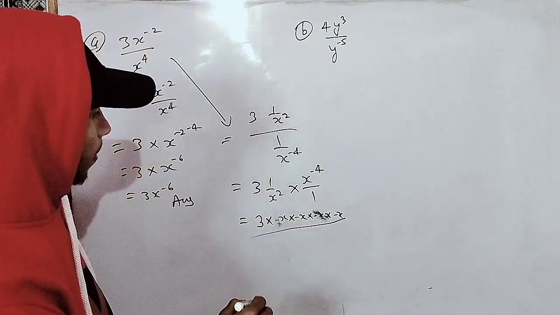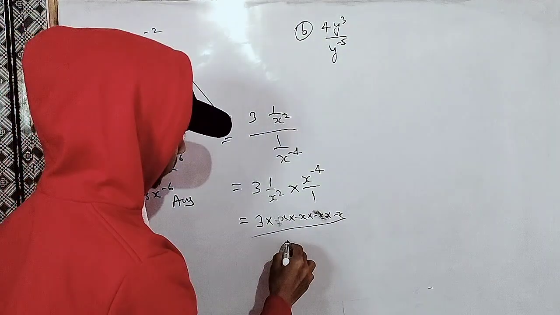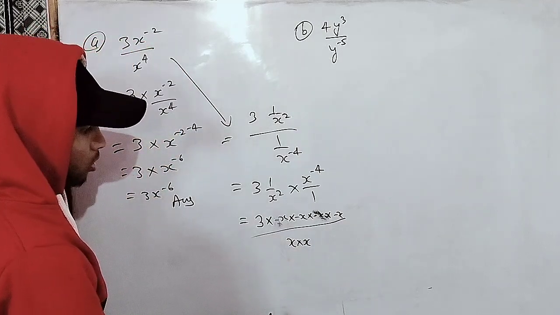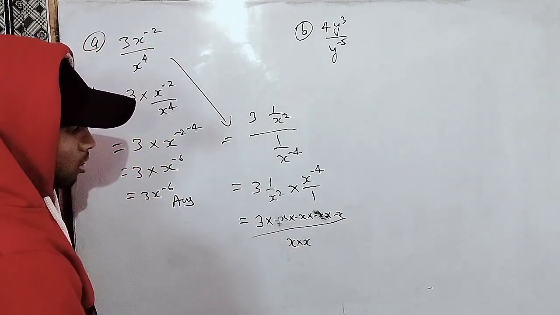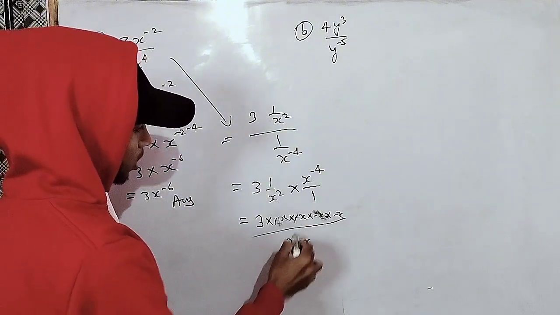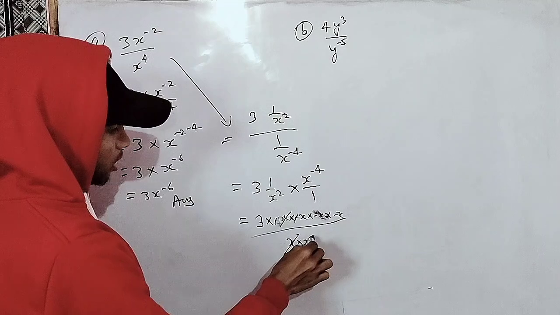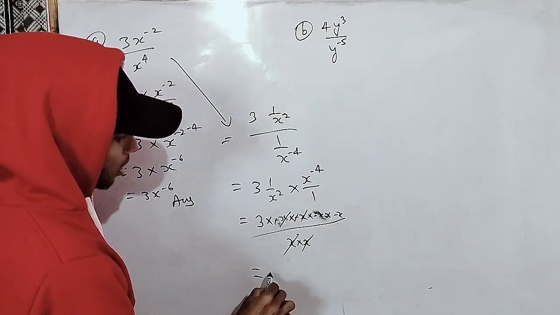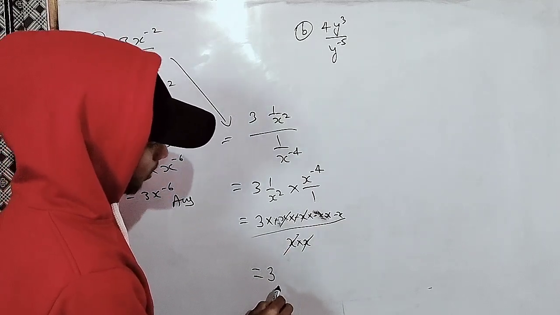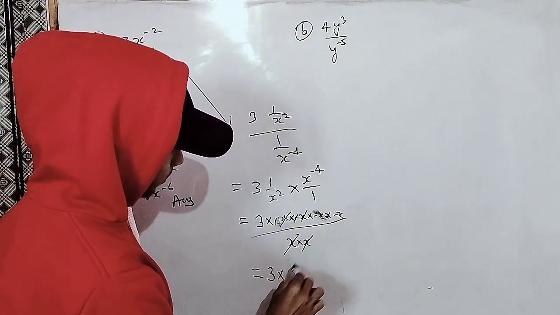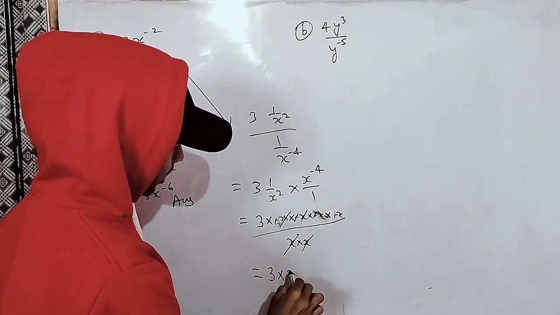And downward, how many times? 2 times. So 1 will get cancelled out. Now what we have? We have 3x, and then 1 will get cancelled out.